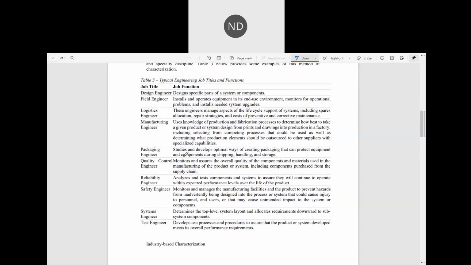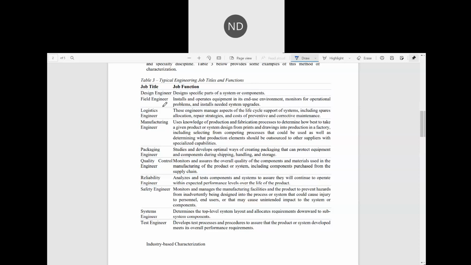There are different job profiles or job titles. You can go through them and easily know them, but you should know who is doing what. When you are given the designation of design engineer, your job title is design engineer, and you design specific parts of a system or components.